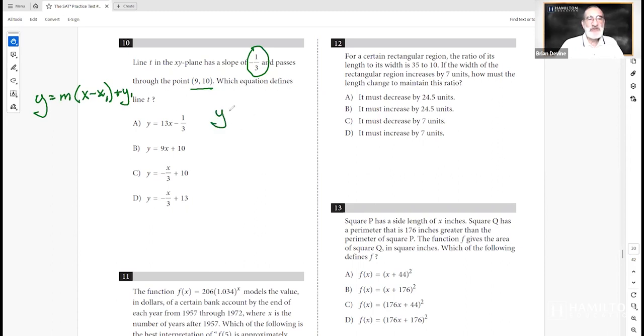So the line would be y equals -1/3, that's the slope, x minus 9, x1 is 9, plus y1, which is 10. And if I clean that up, I get y equals -1/3 times x plus 13, because -1/3 times -9 would be +3. So D is the correct solution.